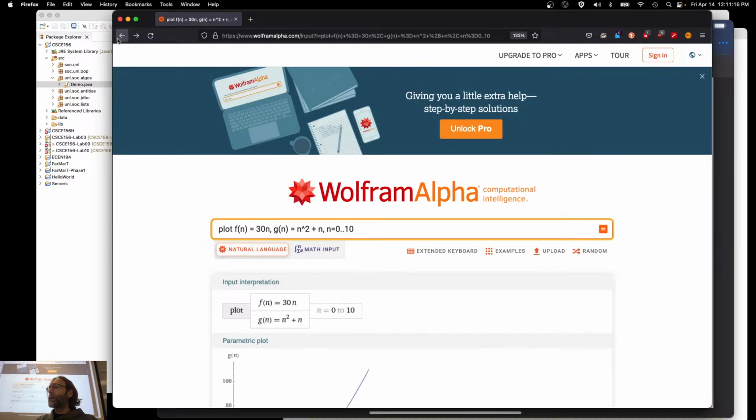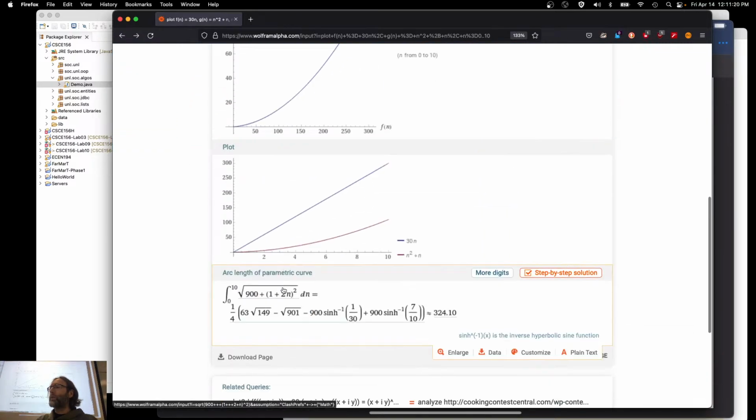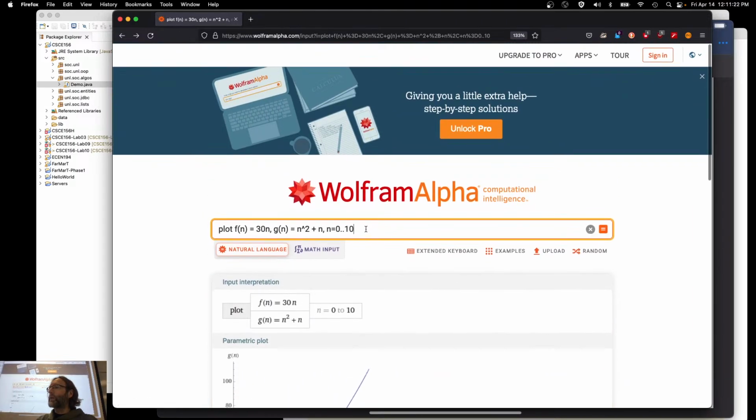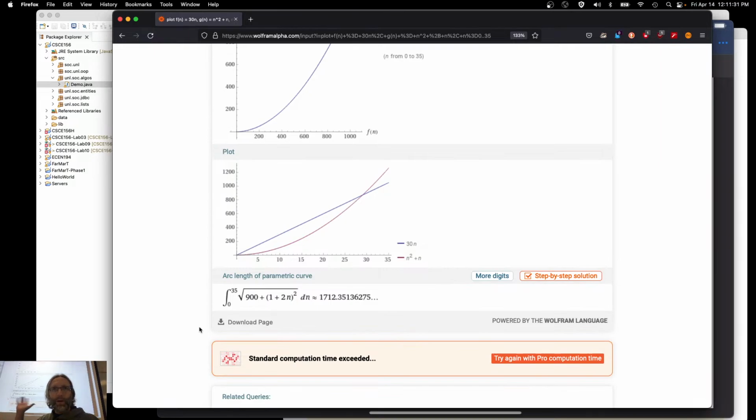Let me go ahead and go back. There we go. All right. There, that's the one I want. So let's actually go out to 35, let's say. So there are the two functions being graphed there.